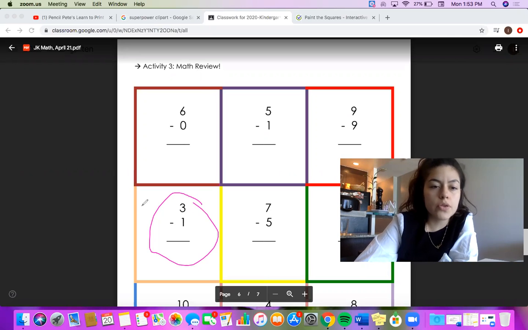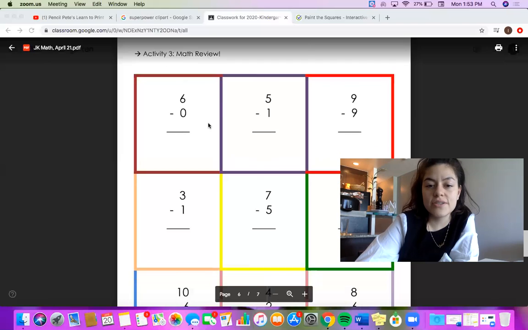So you can draw out the 3. Remember, we're working on our drawing strategy, so feel free to draw everything out. 3 minus 1. So let's take out 1, subtract 1. How many are left? 2 are left. My answer would go here. And that would read 3 minus 1 equals 2.